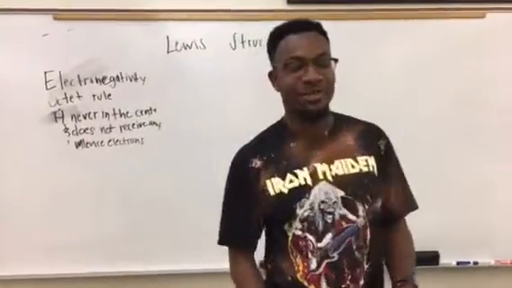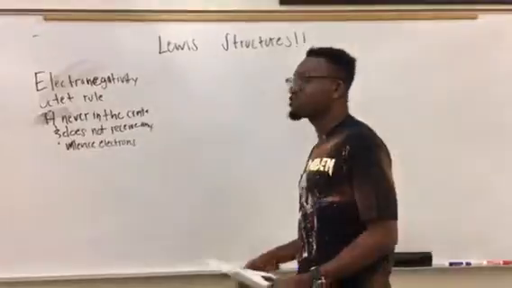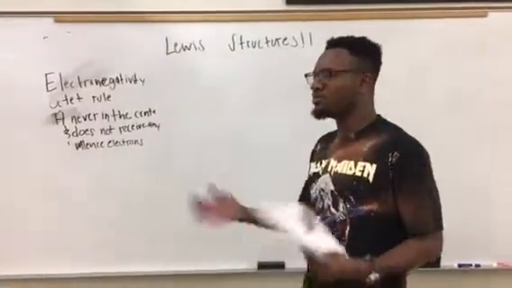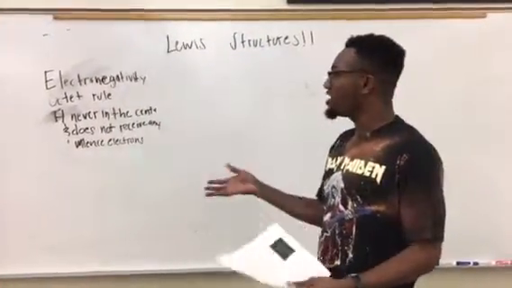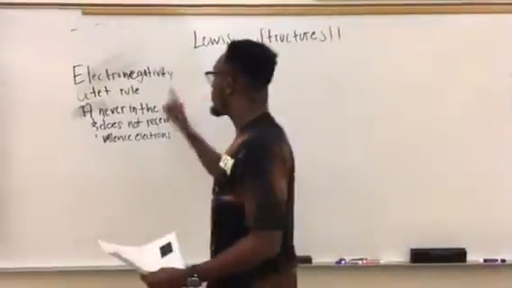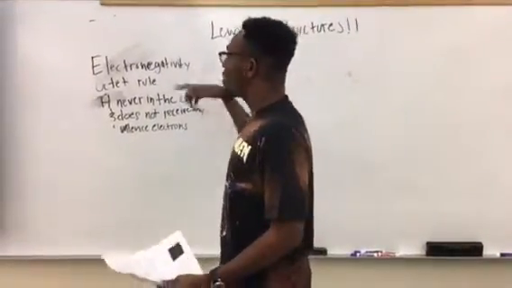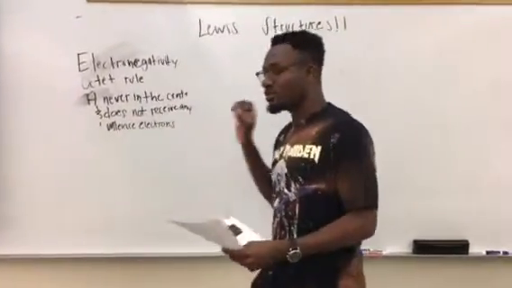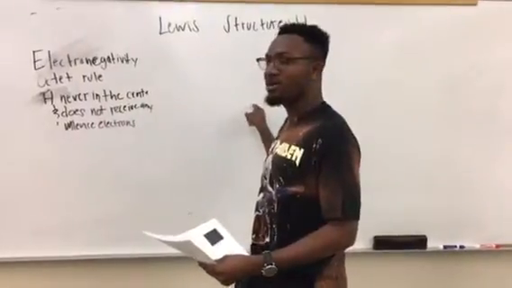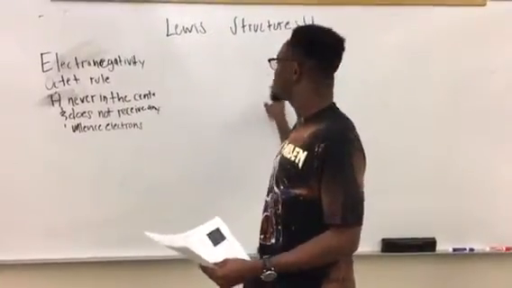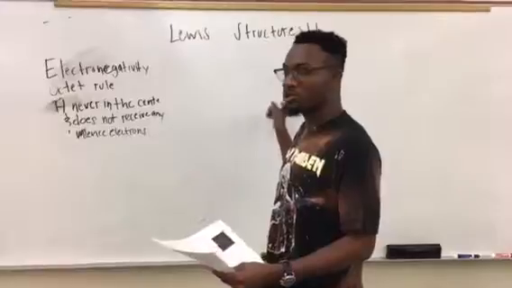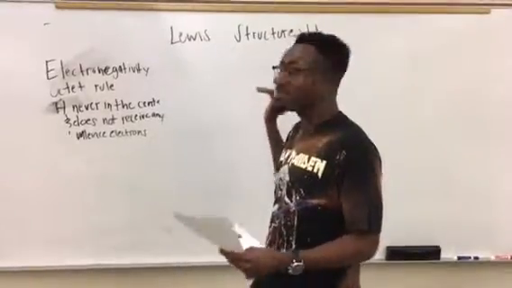I'm here to talk to you all about Lewis structures. There are some things I want you to take heed of at the very beginning of this video. One, electronegativity: the center atom that you're going to use for your Lewis structure has to be the least electronegative.